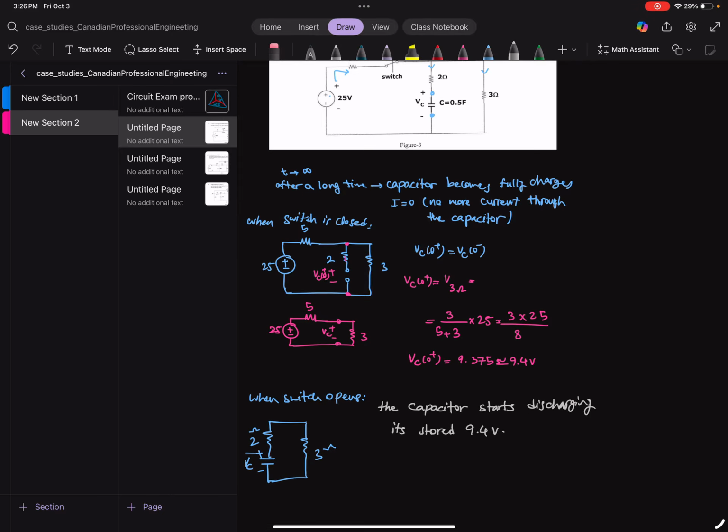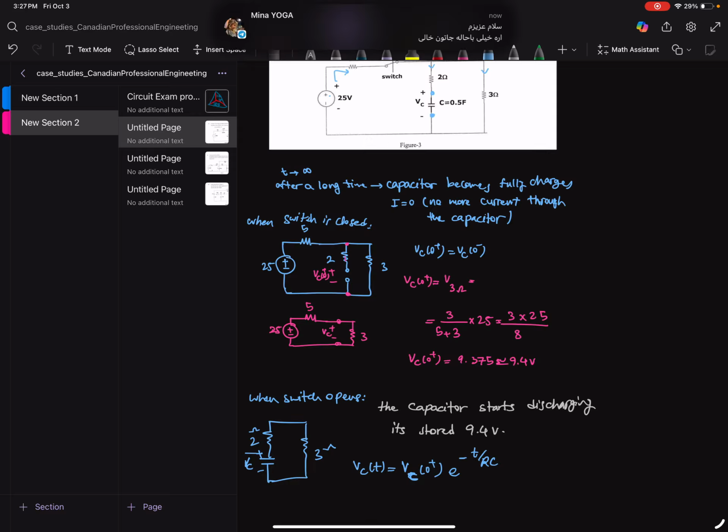At what rate? Now we have to use VC(t) is equal to VC 0 plus, then e to the minus t over RC.